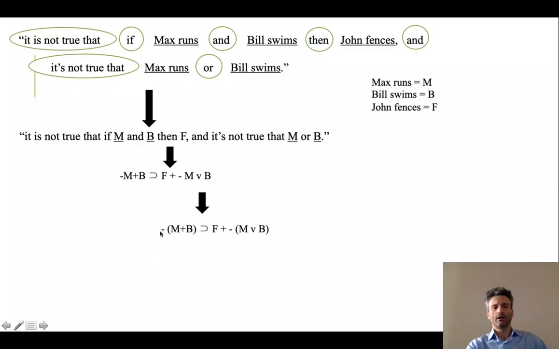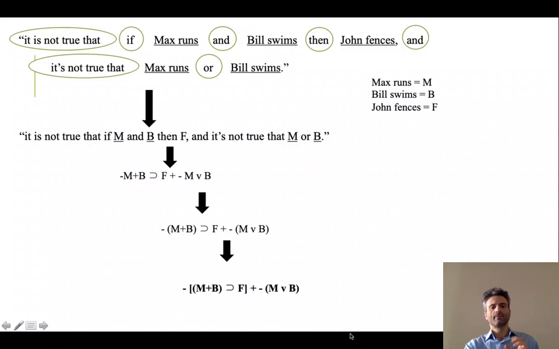Now, I'm negating M plus B, and this is a hypothetical conditional statement. So you see, M plus B is the antecedent, F is the consequent. But wait a minute. Now we have F plus the negation of M or B. So which goes together? Well, if you read the original sentence, you should know what goes together.